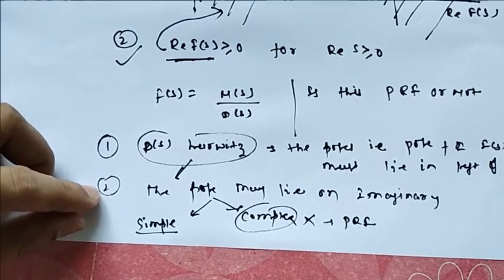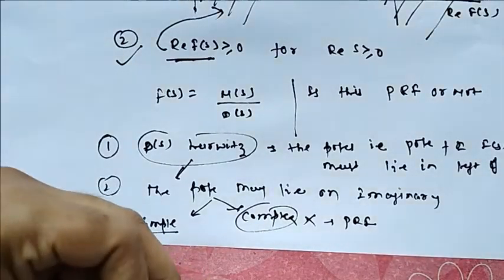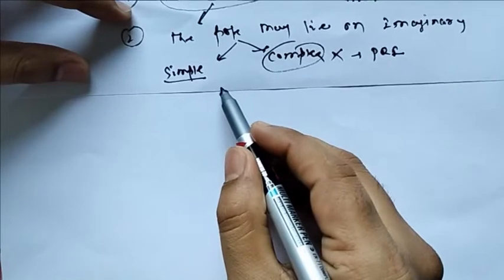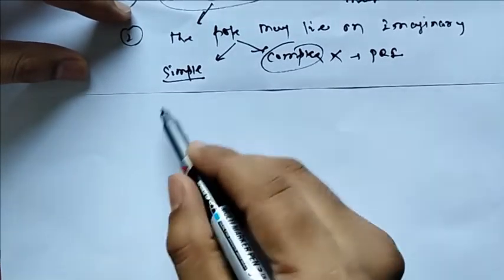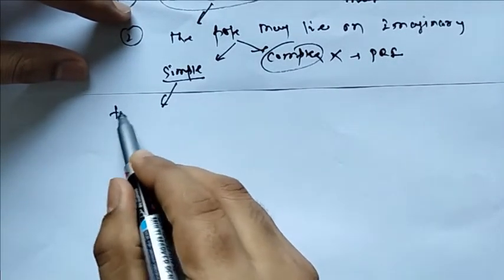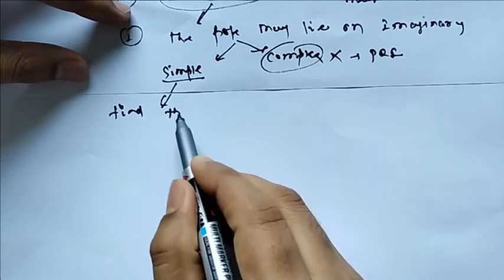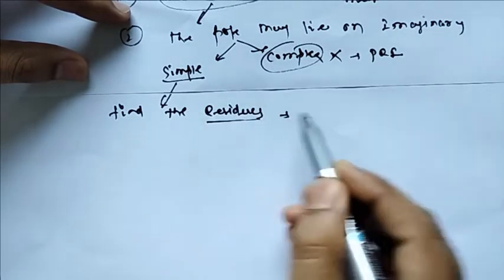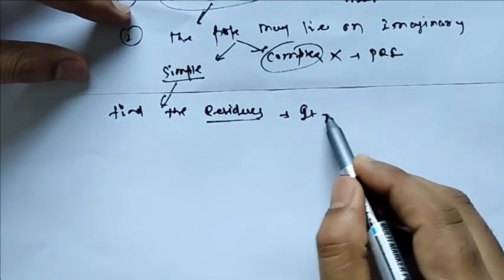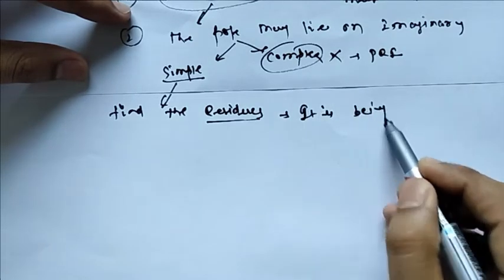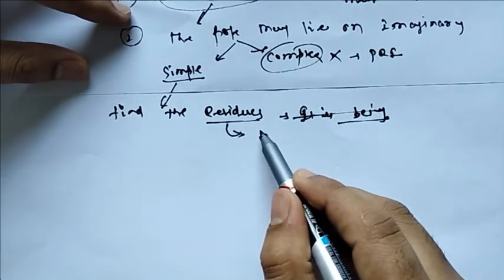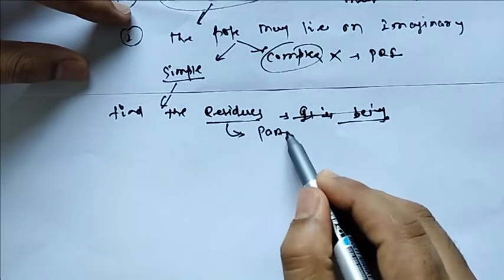Now when the pole is simple, then find the residue. How to find this residue? This residue is found by using partial fractions.